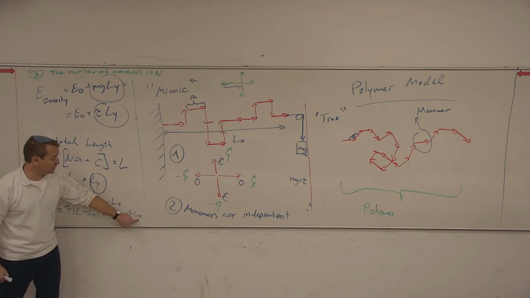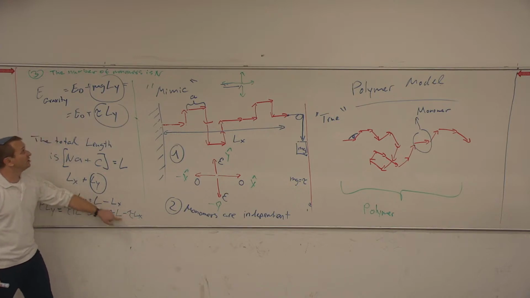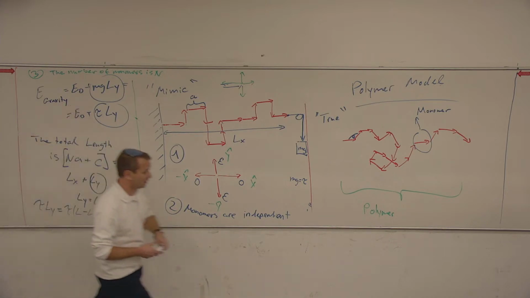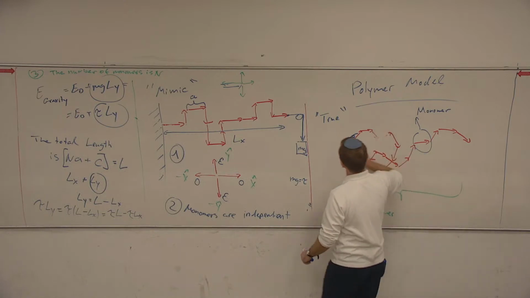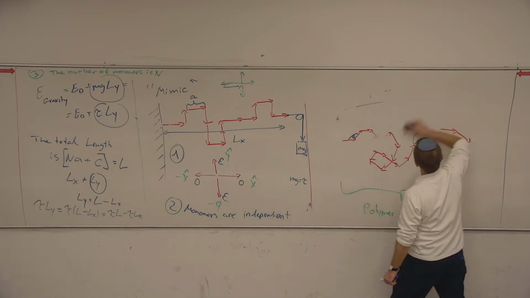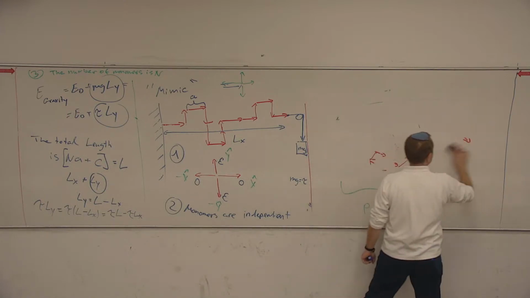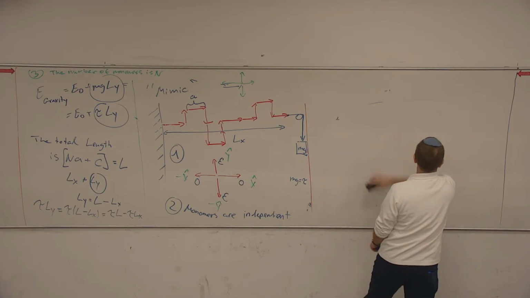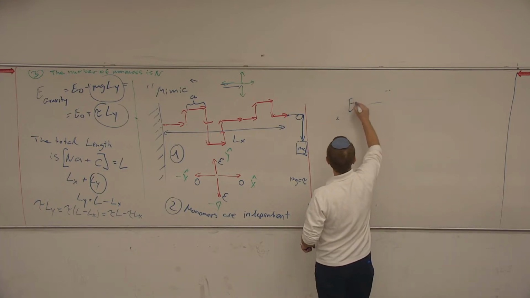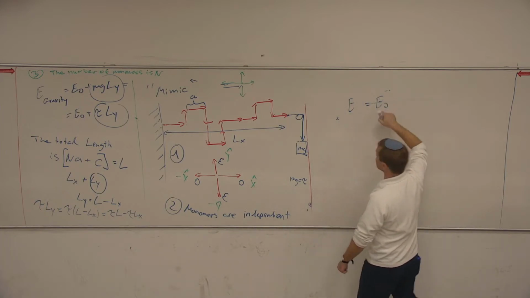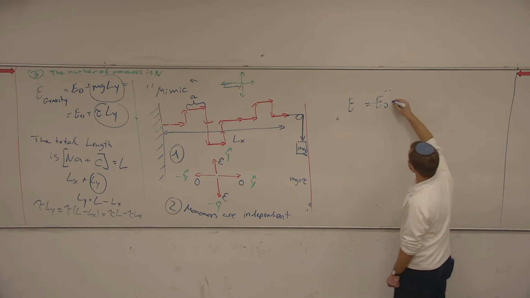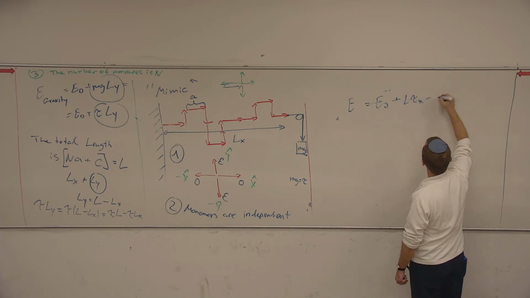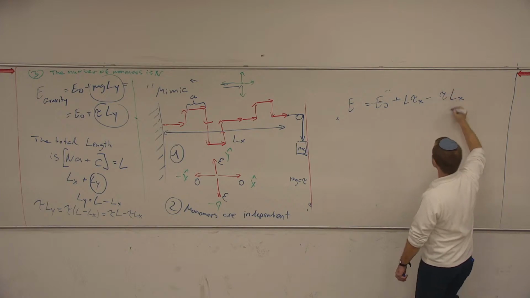This is proportional to Lx. Lx is going to change. And I also have another constant over here. So everything is represented in the following fashion: E equals E0, this is the ground base, plus L tau x minus tau multiplied by Lx.